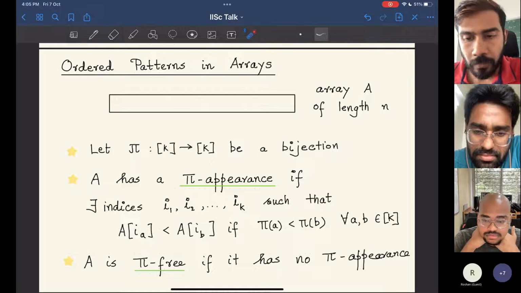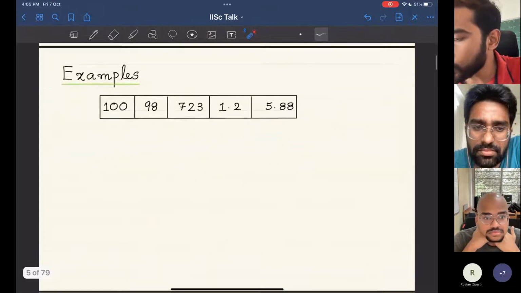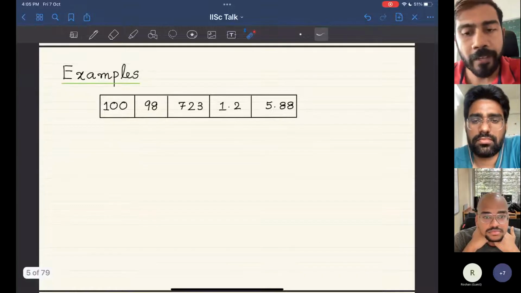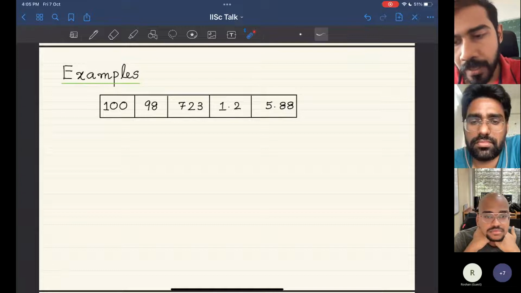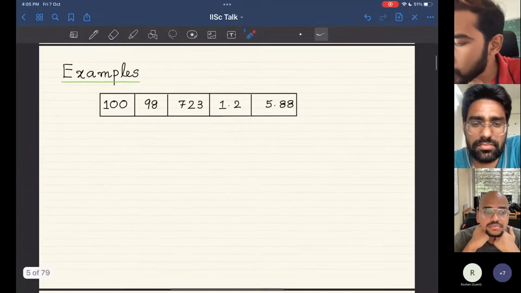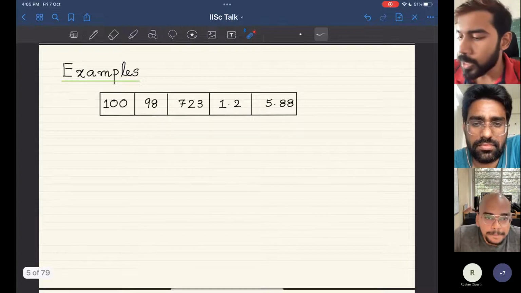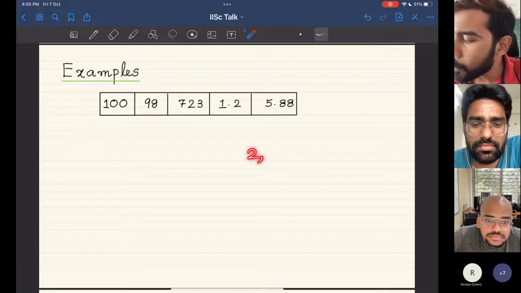Okay, so now let's see some examples. Consider this very simple small array of length 5. It's a real valued array, or maybe rationals. Now, this array definitely has a 2-1 appearance.